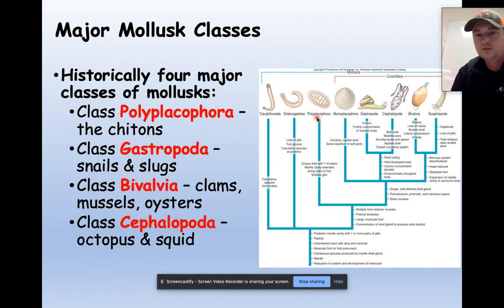I'll change to the laser pointer. Polyplacophora is the ancestor to the traditional mollusks that most study: the gastropods, the snails and slugs, the cephalopods, the octopuses, squid, and cuttlefish. And then we look at bivalves here.